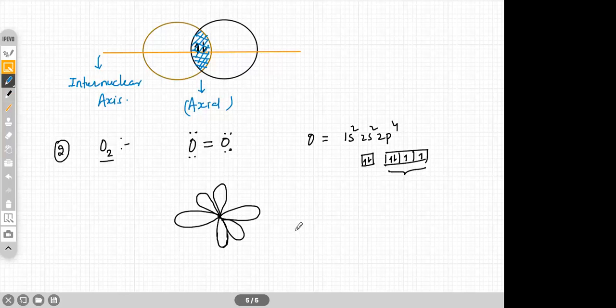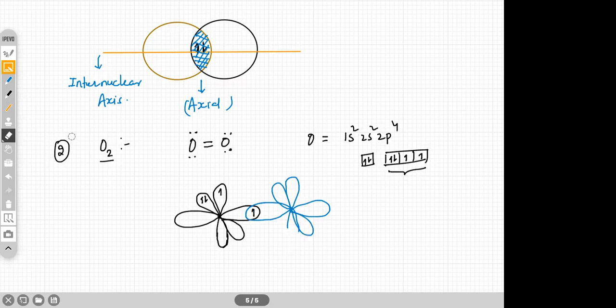That is it. Similarly, the other oxygen. Now you see, this is one of the oxygen atoms. It contains 1 electron here, 1 electron here, and 2 electrons. And like this, we have another oxygen atom also, which has a similar configuration. So this has 1 electron, this has again 1 electron, and this has 2 electrons.